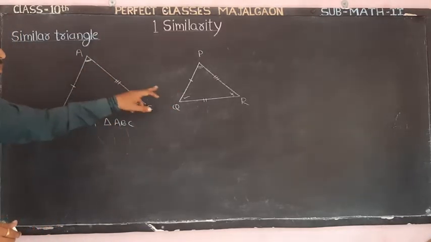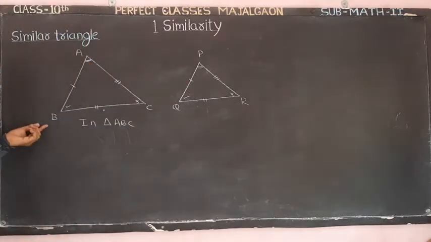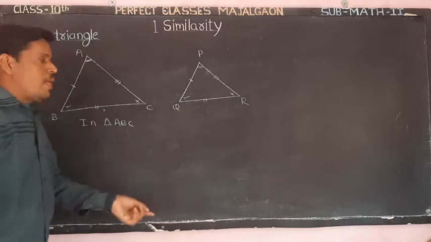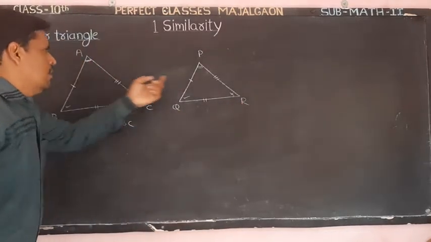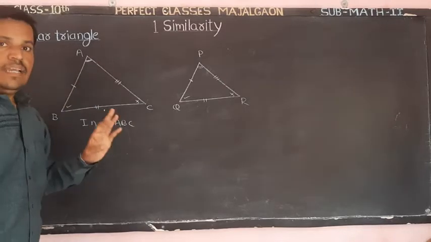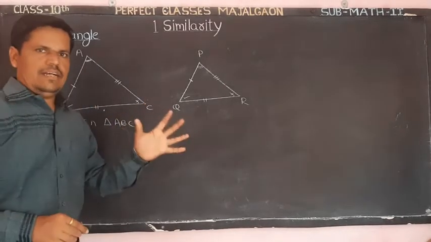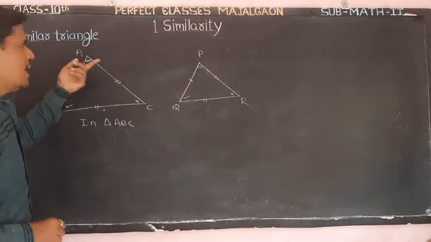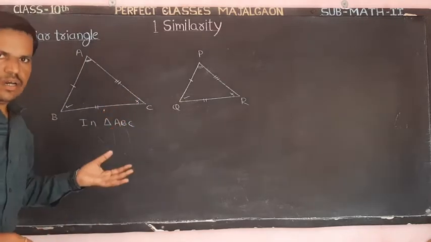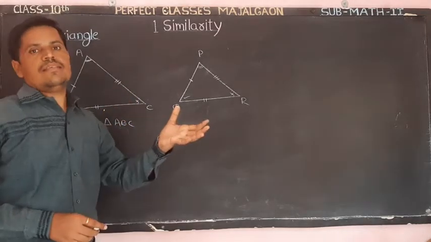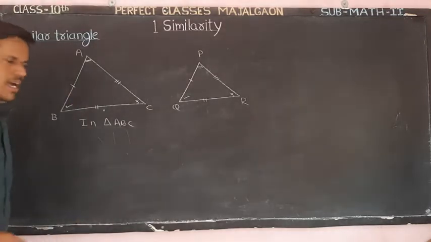Look at these two figures. Angle A is congruent to angle P, angle B is congruent to angle Q, and angle C is congruent to angle R. I show this by taking the same mark on the board. These are the congruent angles. The angles of two similar triangles are congruent and their corresponding sides are in proportion. Then we can say that these two triangles are similar triangles.